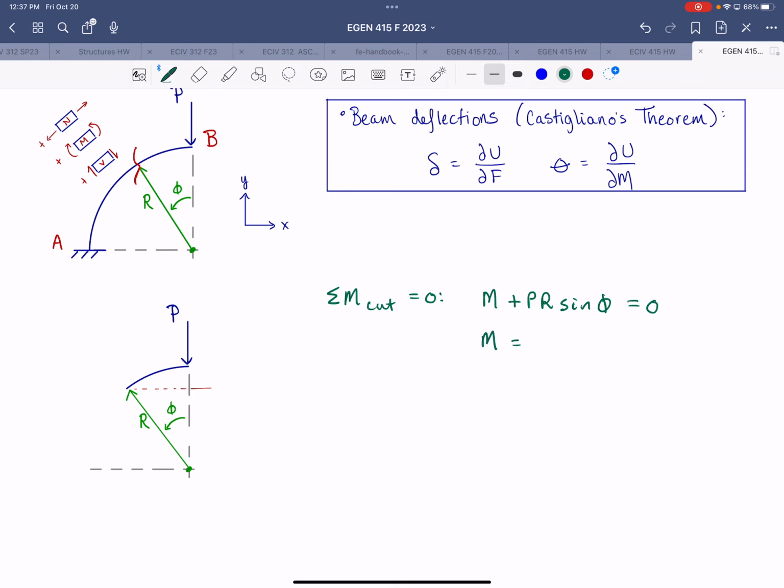Or M, and to clarify, this is your moment, now it's a function of phi. So M of phi is equal to negative PR sine phi.